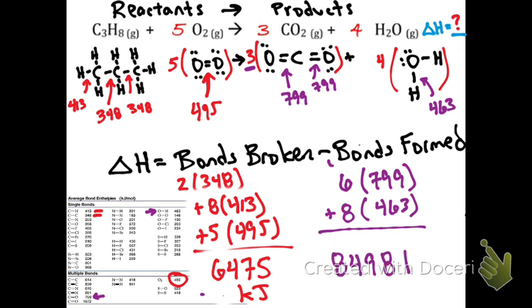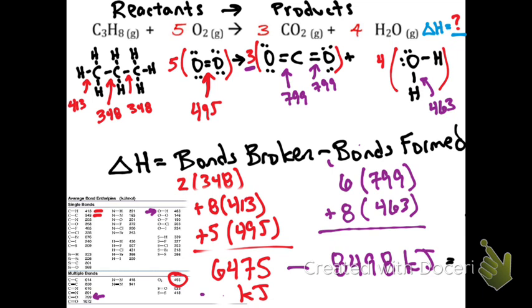Now this total, I'm going to end up subtracting it from the 6475, because all of these bonds are formed, and that's going to represent the exothermic event. Now I'll subtract these two numbers, 6475 minus 8498.